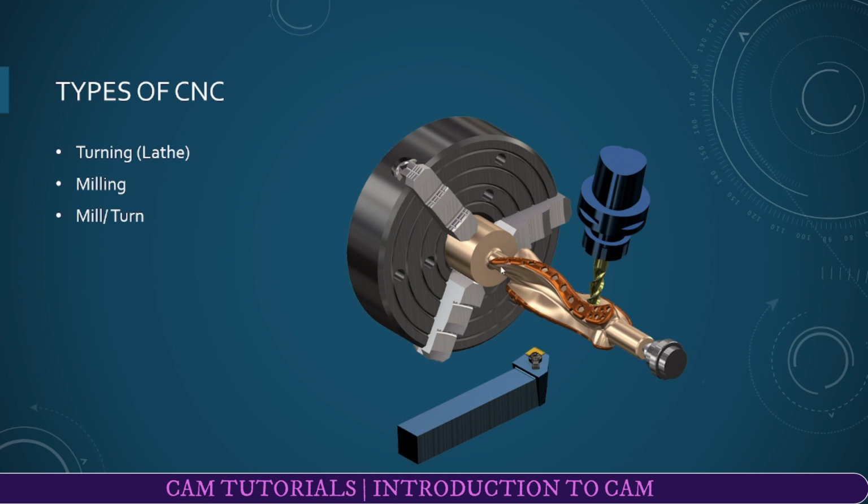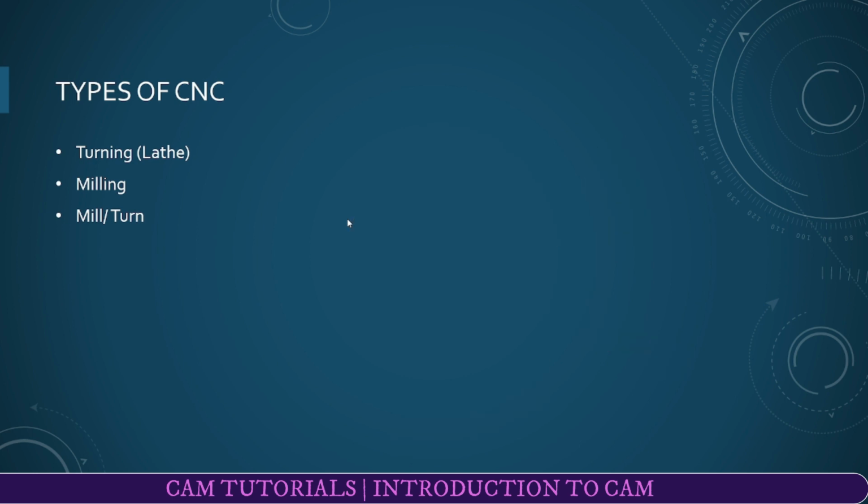First you can create your geometry by using turning, and then there are gang tools, or what we call live tools, that construct some patterns like this along your job. Okay, so this is the other type. These are the three main types of CNC.